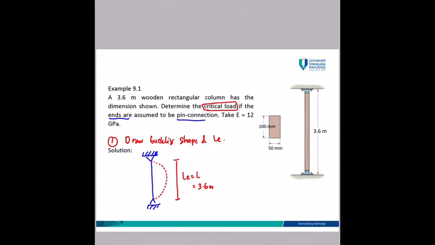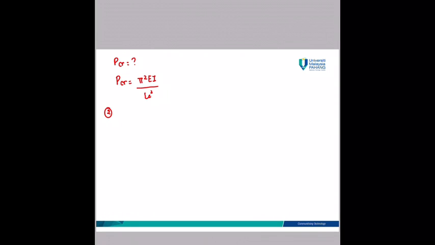This is a rectangular column. This is your x-axis, this is your y-axis. After you calculate your effective length, then you need to determine which axis your column will buckle.